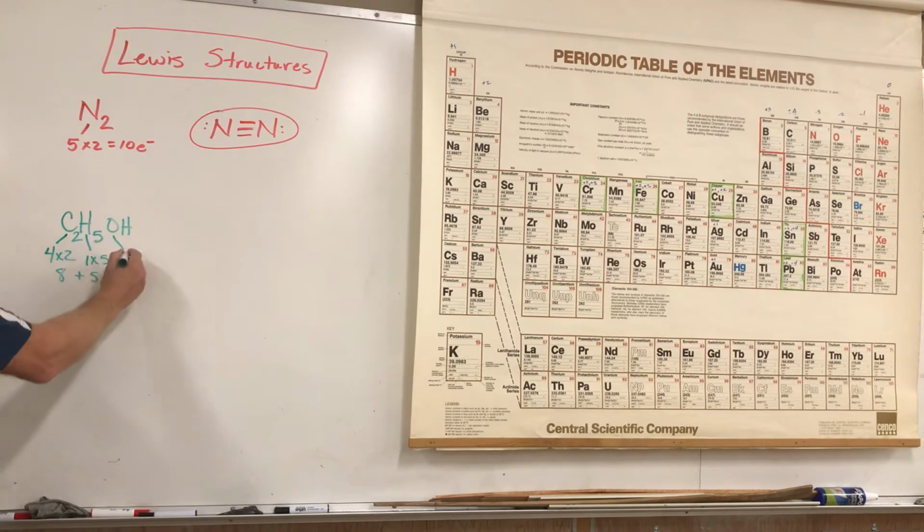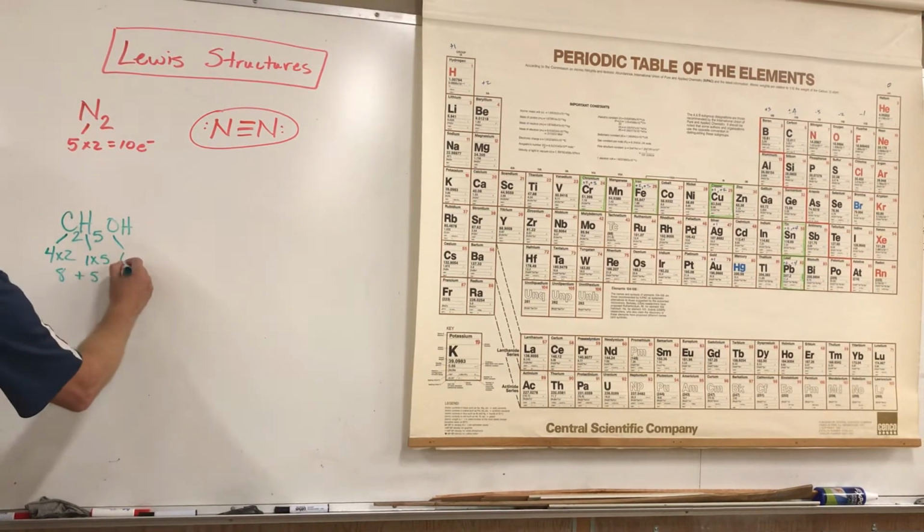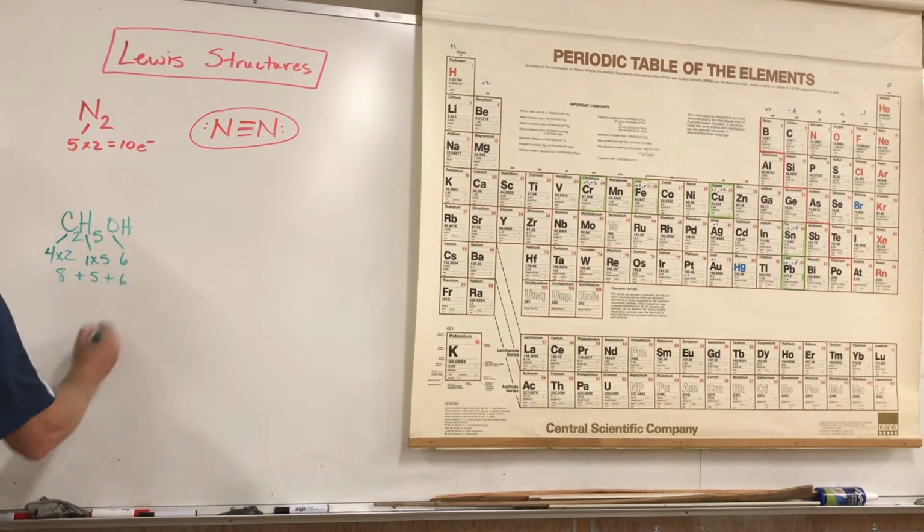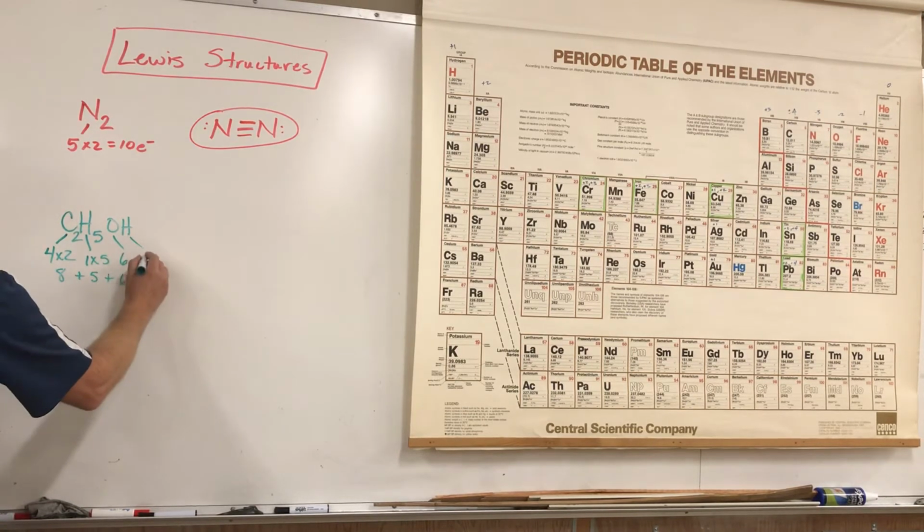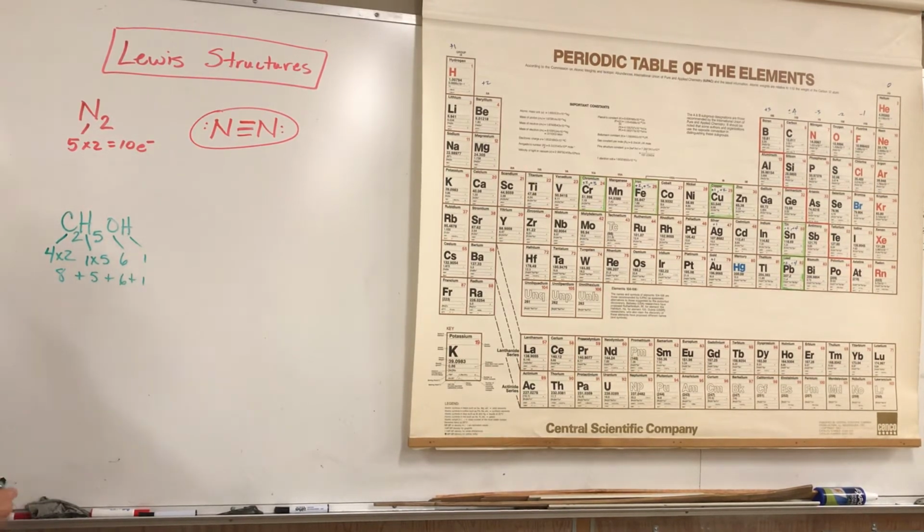Then I go to oxygen. Oxygen's got 6 valence electrons, and there's only 1 of those. And then hydrogen here, there's another one. It contributes another single electron. Let's look at this total. 8 plus 6 is 14, 15, 20. So I have 20 electrons total.